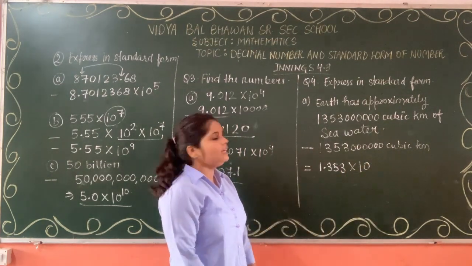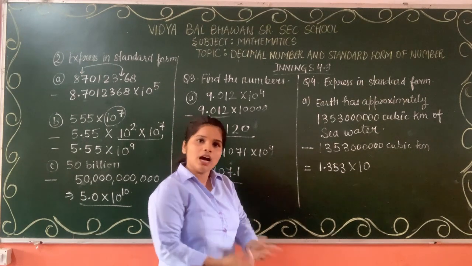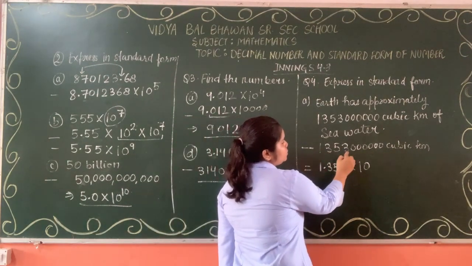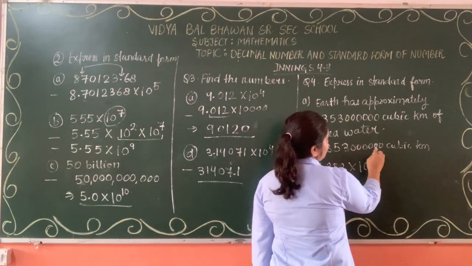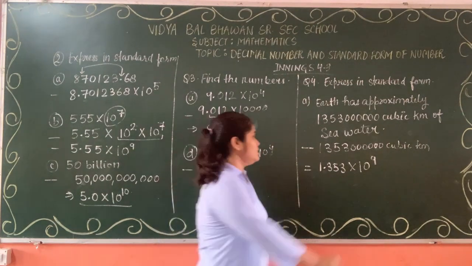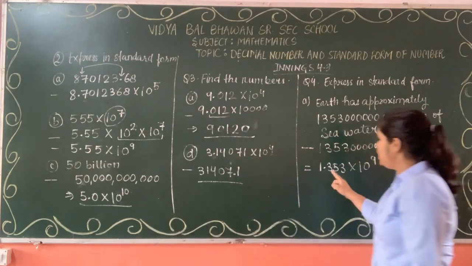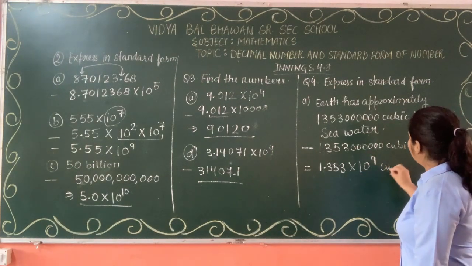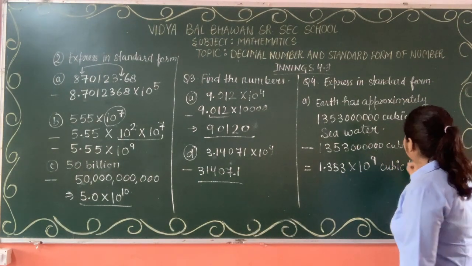The power will be decided by the number of digits after the decimal. So after the decimal we are having 1, 2, 3, 4, 5, 6, 7, 8, 9. It is 9 digits. So the answer is 1.353 multiplied by 10 raised to the power 9 cubic kilometer.